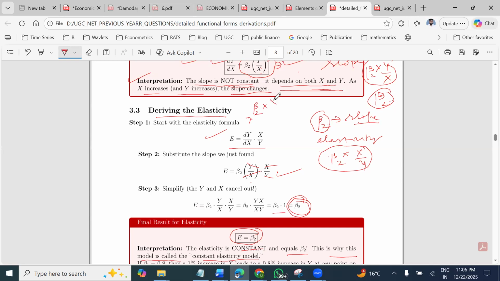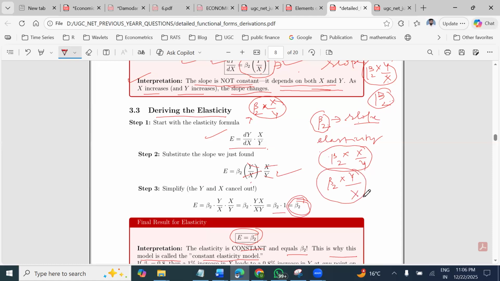because it will come automatically to your mind that in the linear model beta 2 is only the slope, then our elasticity will be beta 2 times x upon y. Why? Because of the elasticity formula, dy by dx into x upon y. And for the log linear model, it is simple, the reverse. The slope is beta 2 times y upon x.